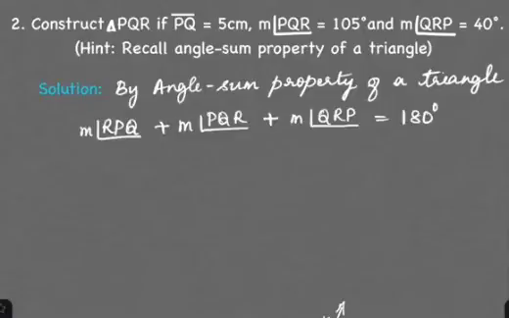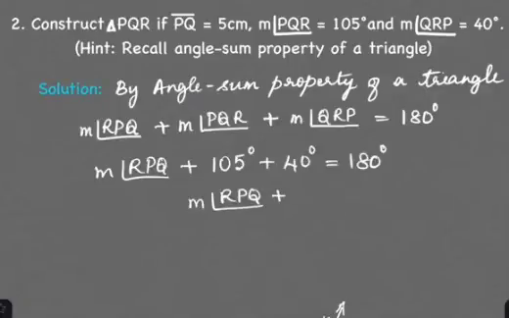Angle PQR and angle QRP are given, so we'll replace them. So measure of angle RPQ plus 105 degrees plus 40 degrees. 105 plus 40 is 145.